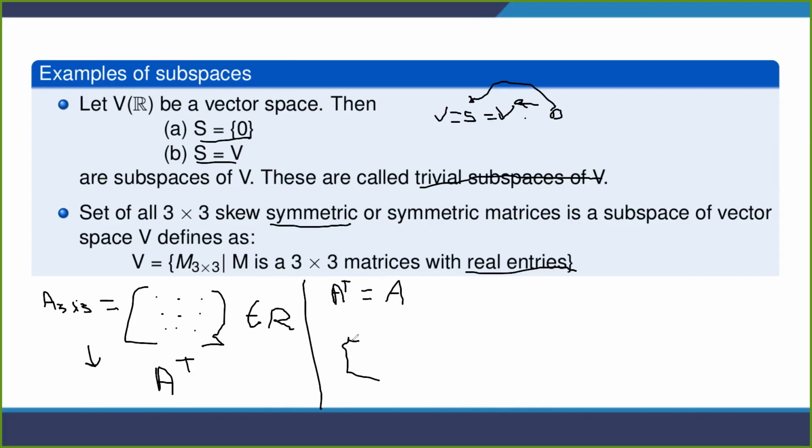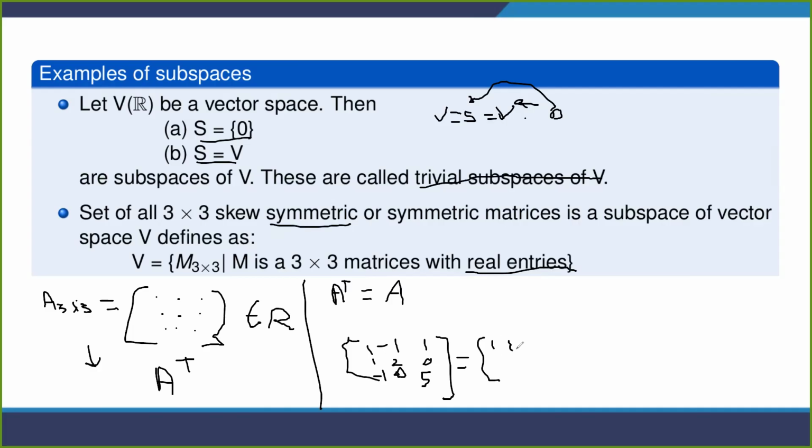let's take one example: 1, -1, 1, then 1, 2, 0, then -1, 0, and 5. Let's find the transpose of this. What is the transpose of this? The transpose of this is first 1, 1, -1.